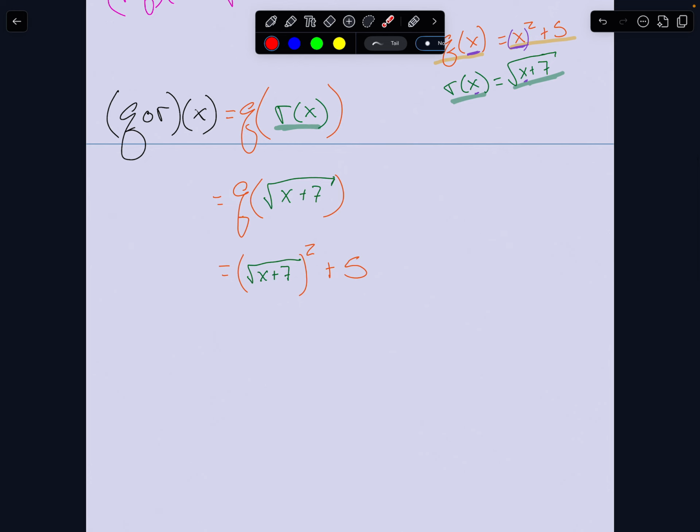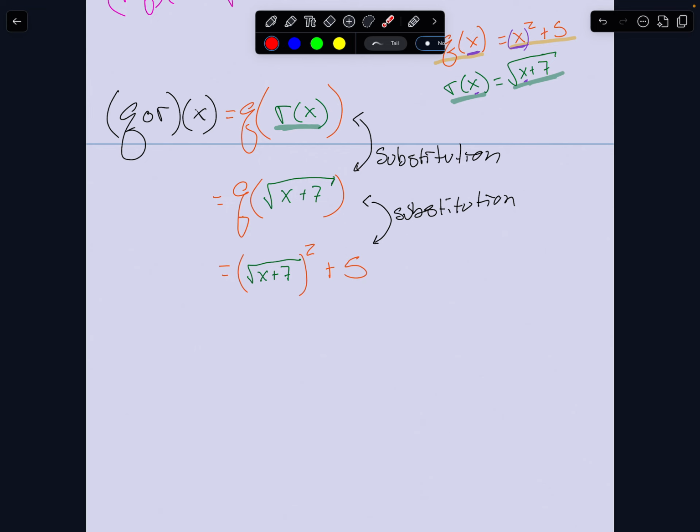And so again, what were my steps? From here to here, it was substitution. And from here to here, what did I do? Substitution. Right, my first substitution is substituting the name of my function for its equation.